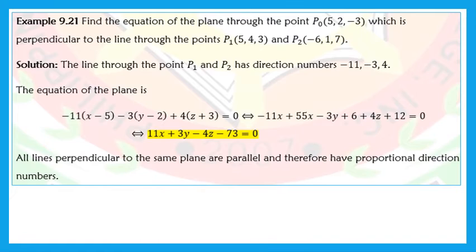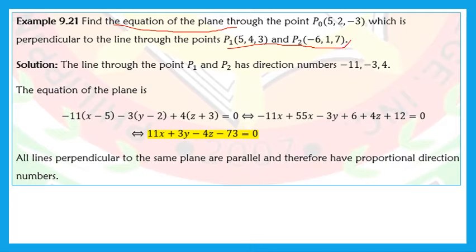For example, class, find the equation of the plane through the point P sub O, which is perpendicular to the line through the points P sub 1 and P sub 2. So using the formula, the theorem 9.20, okay, equation yung hinahanap dito, equation of the plane. Okay, so the line through the point P sub 1 and P sub 2 has direction numbers.